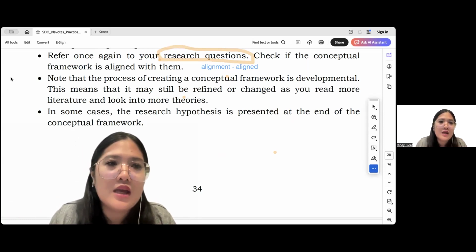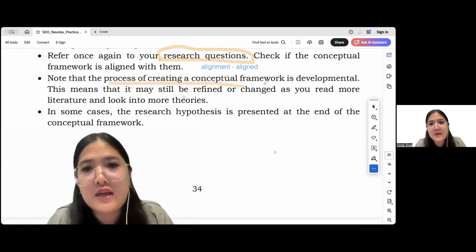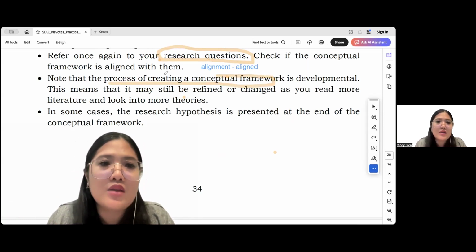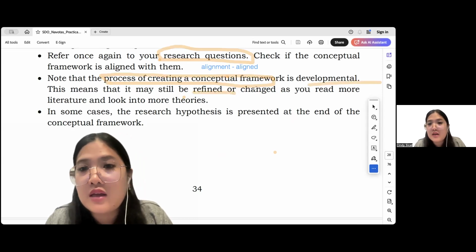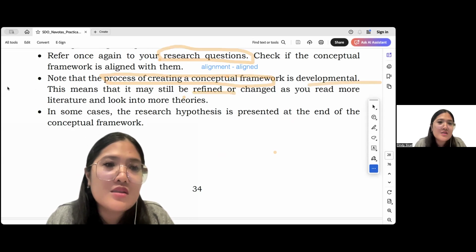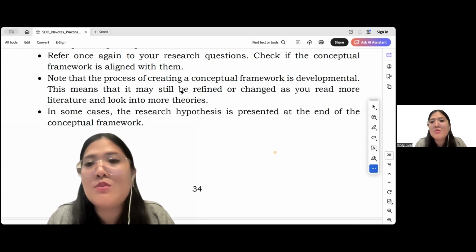Afterwards, we have to know that the process of creating a conceptual framework is always developmental. From time to time we could refine, we could change. It's not like after you have done it that it's already fixed. No, it would always be a process.